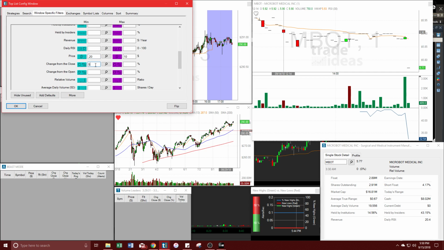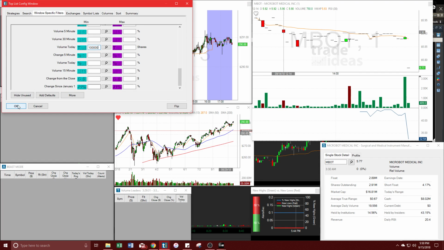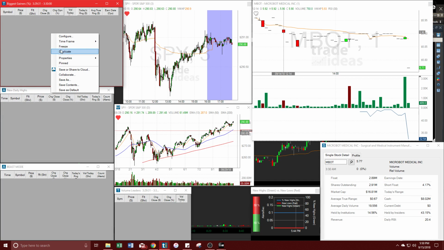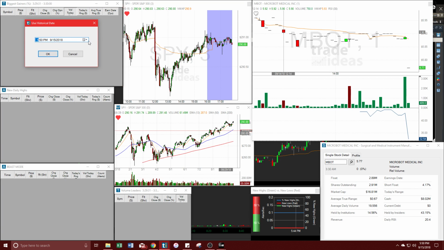The change from the close, I want to change that from 3 to 3%. The volume today, at least 125,000, I'm going to change this to 100,000. Go to the time frame. Let's go to Friday.